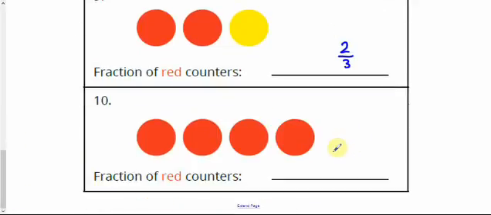And number 10, I have 4 counters out of 4. And as we said last time, if the numerator and the denominator have the same number, it equals one whole. All the counters are red.